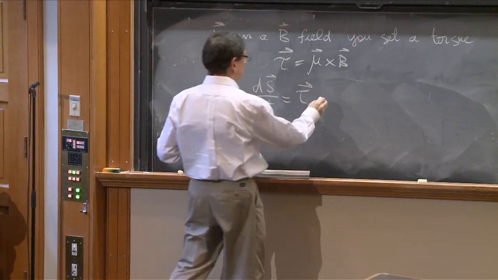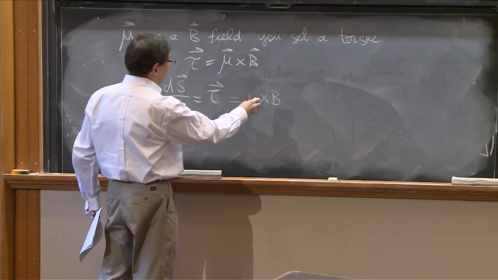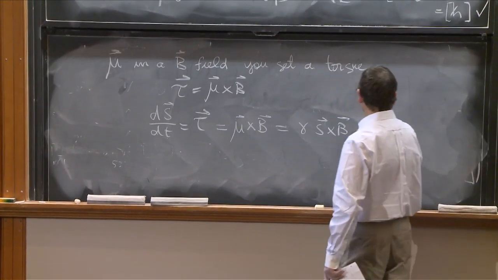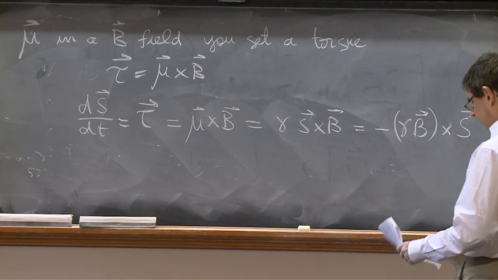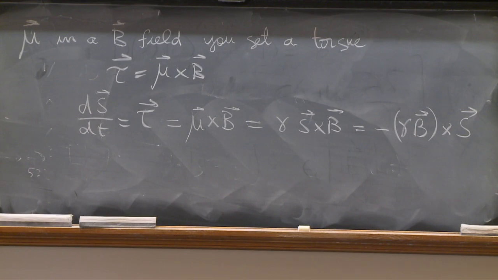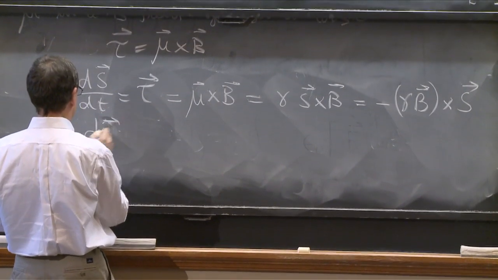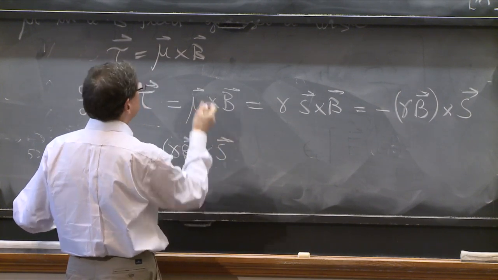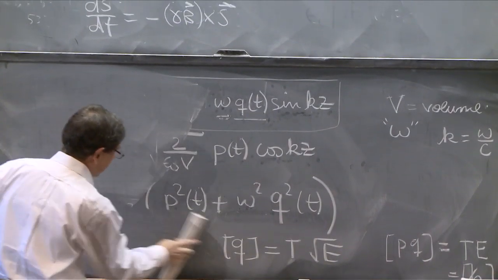So this is mu cross B. But mu is gamma S. So this is gamma S cross B. And this is minus gamma B cross S. Okay, this equation, which I rewrite here, dS/dt equals minus gamma B cross S, is a particular case of a very famous equation in classical mechanics.